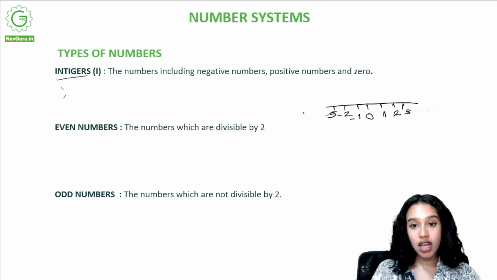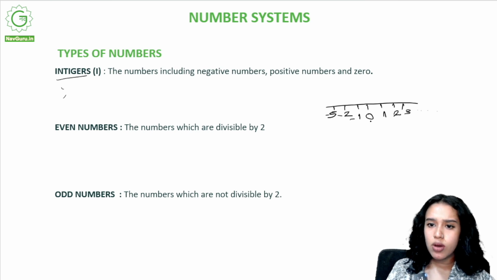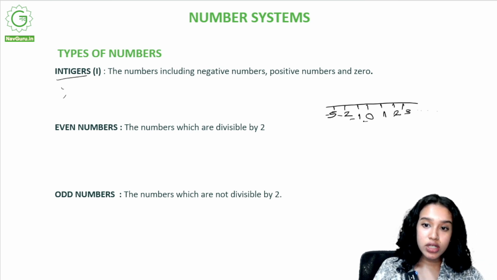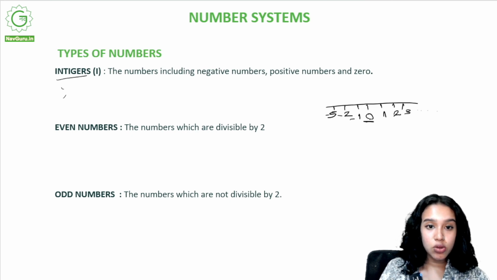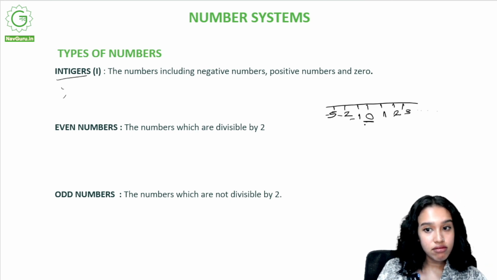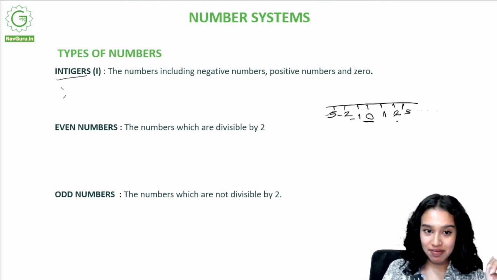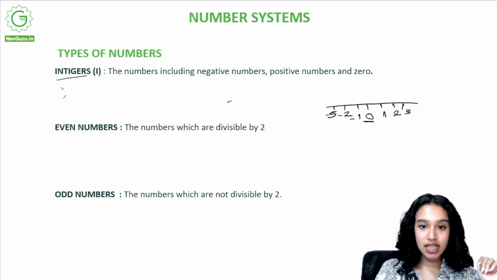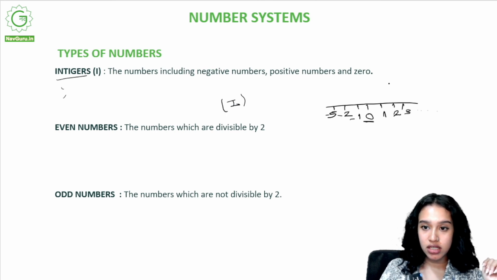So these are called integers. Everybody may get a question whether 0 is positive or negative. 0 is not positive, it's not negative. It's just 0. So now we know what integers are, which is denoted by I. We know what natural numbers are, what whole numbers are, and now what integers are.